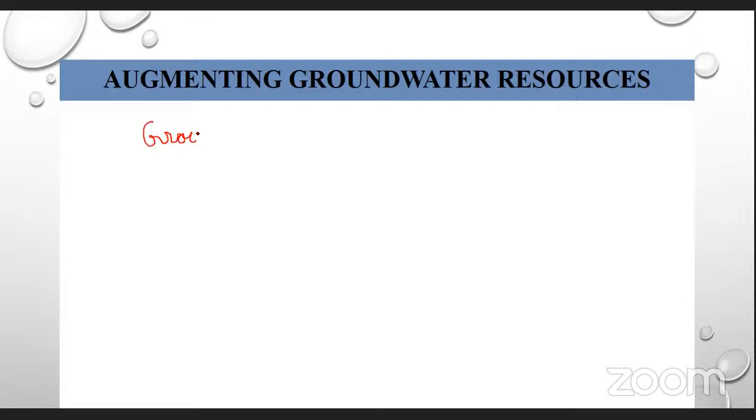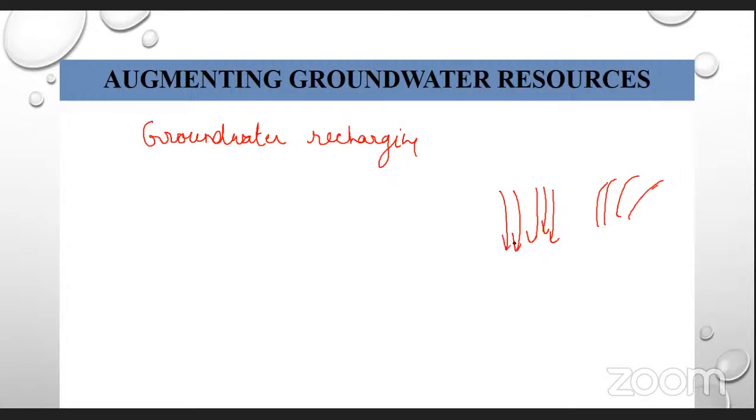This groundwater recharge is very important, because we are not recharging our groundwater. We are just using the groundwater more and more, but we are not focusing on how to increase the groundwater. So we have to focus on some groundwater recharging also.